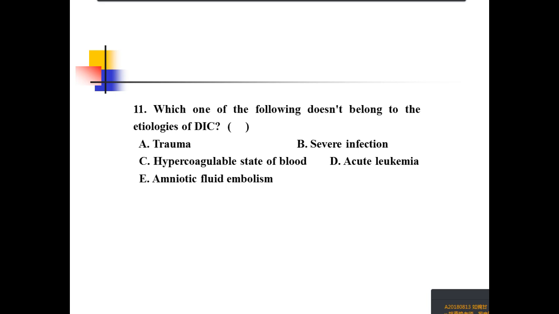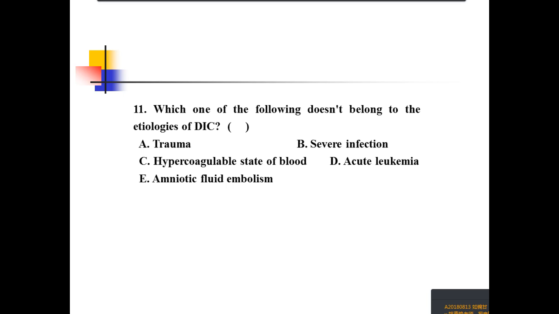Now, which one of the following doesn't belong to the etiology of DIC? Trauma is an etiology. Severe infection is the most common. Hypercoagulable status of blood is a triggering factor.